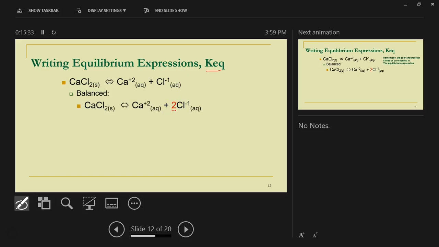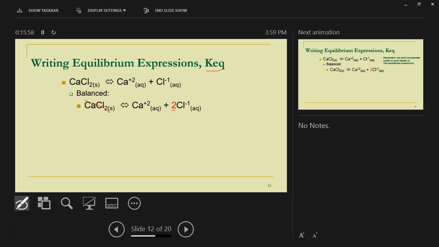The next step is to check to see if you have only the right states of matter here. Remember, we don't include solids or pure liquids. And I've got a solid in my calcium chloride here. So it's not included in my reaction equation.